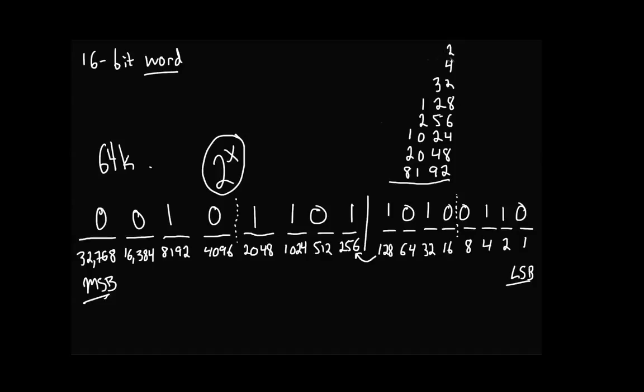2 and 4 is 6, 8, 16, 22, 26, and 34, and 36. All right.